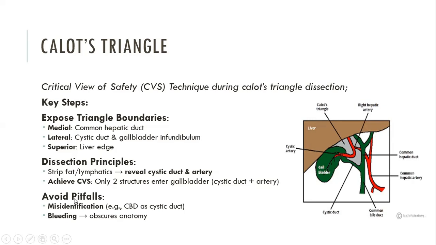You have to avoid the pitfalls during all this, because there can be misidentification. You can identify the CBD, common bile duct, as a cystic duct, which will cause major problems. And for reducing bleeding, you have to have good knowledge of anatomy. So this was about Calot's triangle, and it is important for doing surgeries on the gallbladder.